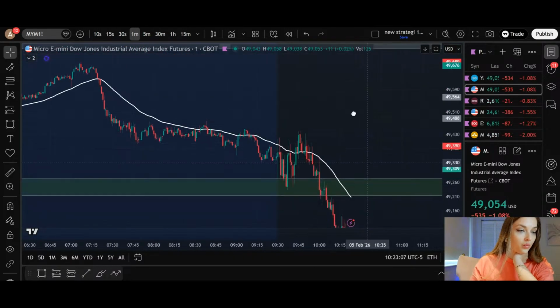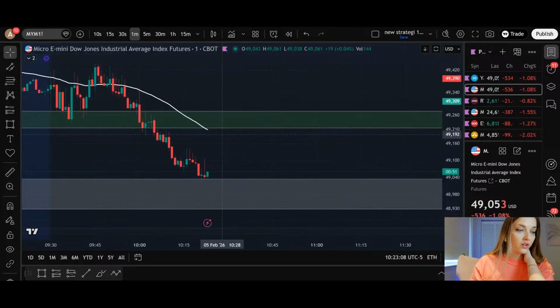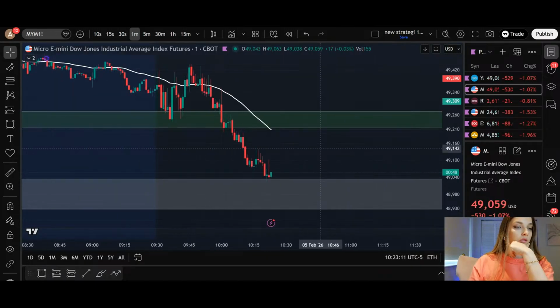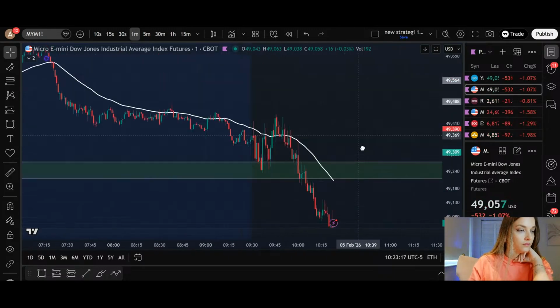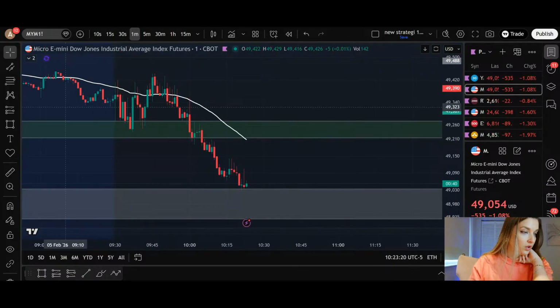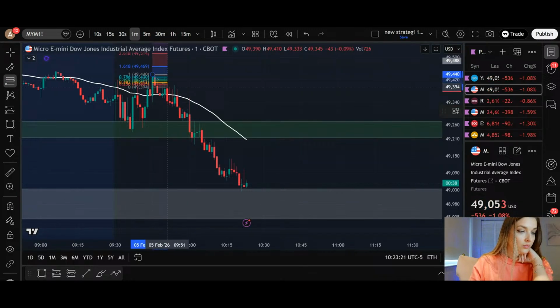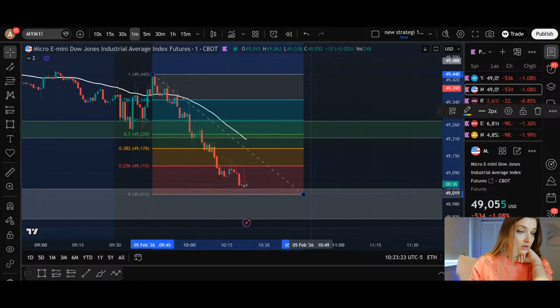But I did want a retest of this area to go for a short. Let's see if I put a Fibonacci. Yeah, you see the Fibonacci is also around this area. If it's going to give me a retest of this area, it's nice.